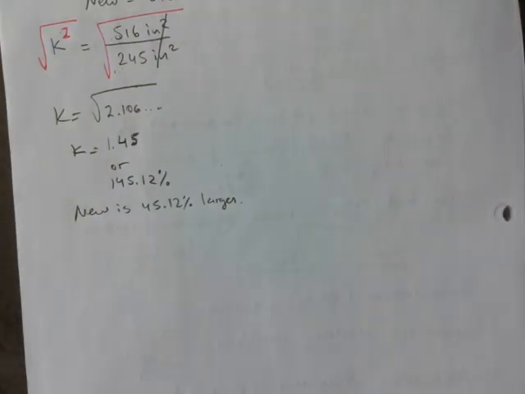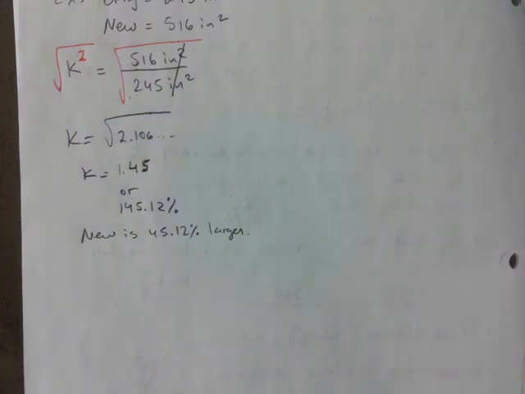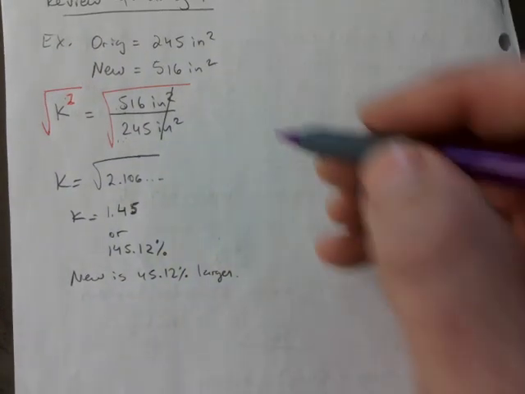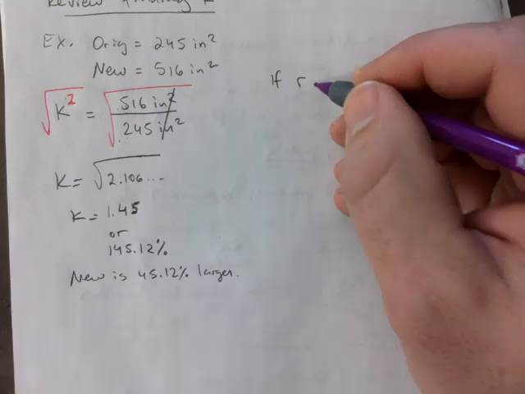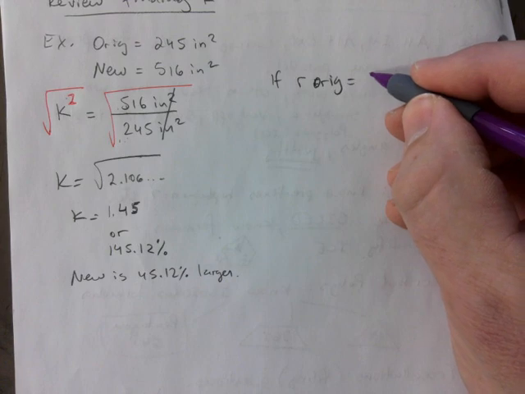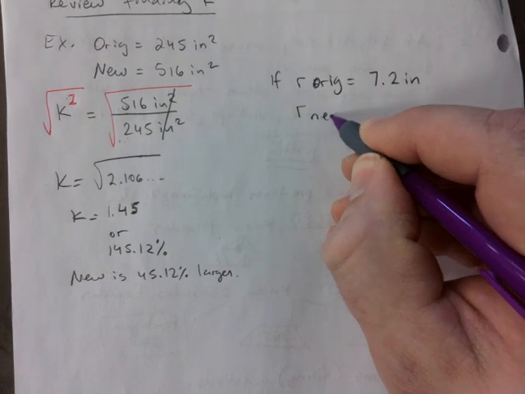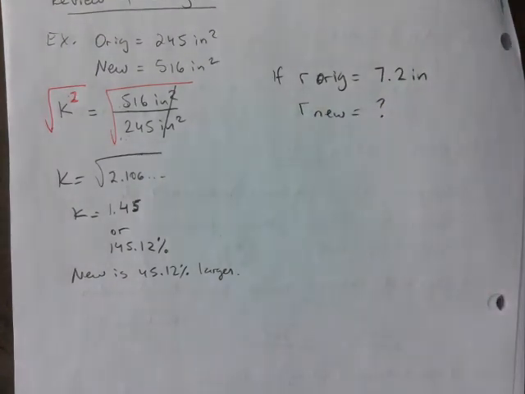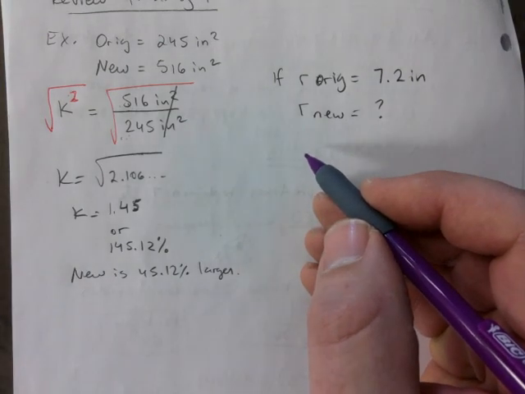This is just an observation. I'm just reviewing here. And once you have your scale factor, I can ask you anything else I want, right? Let's do that here. If the radius, let's say it was a tank, if the radius of the original was 7.2 inches, what's the radius of the new? That could be a follow-up, that could be a B. And I'm not telling you I'm covering all of it, I'm just warming you up, right?